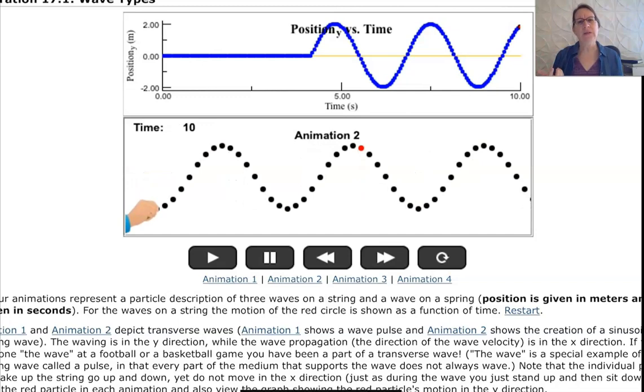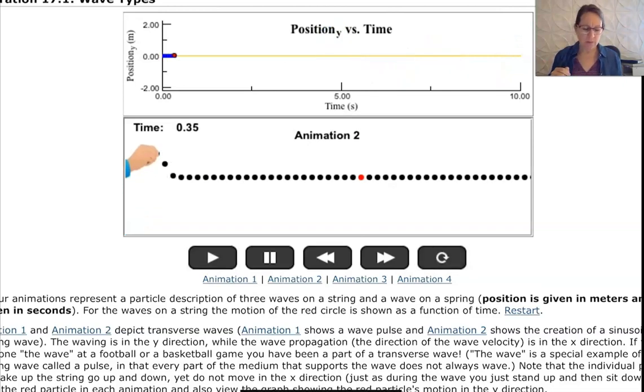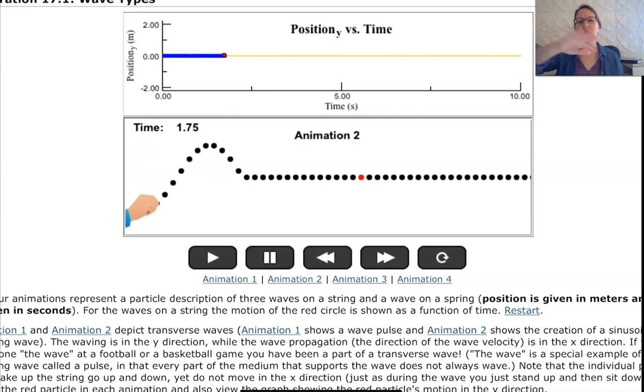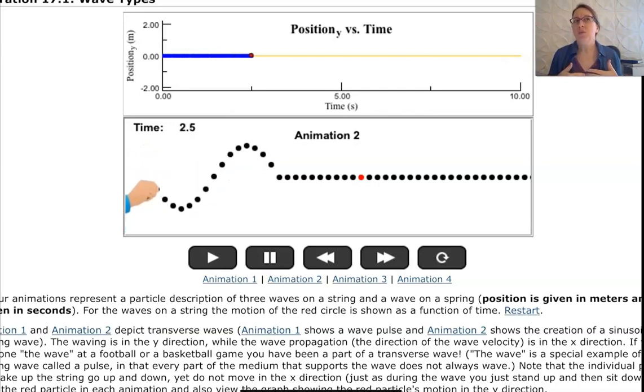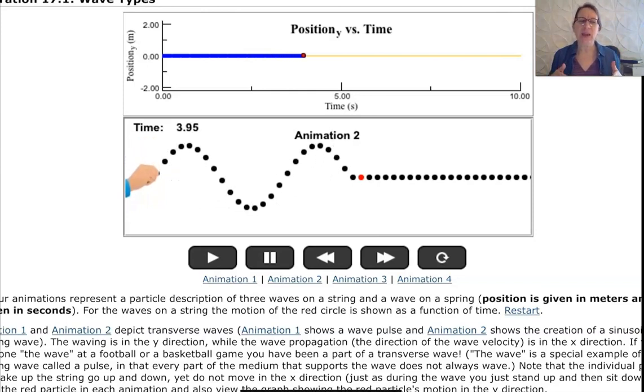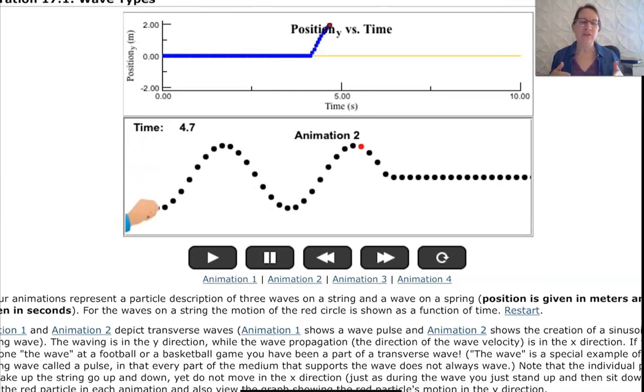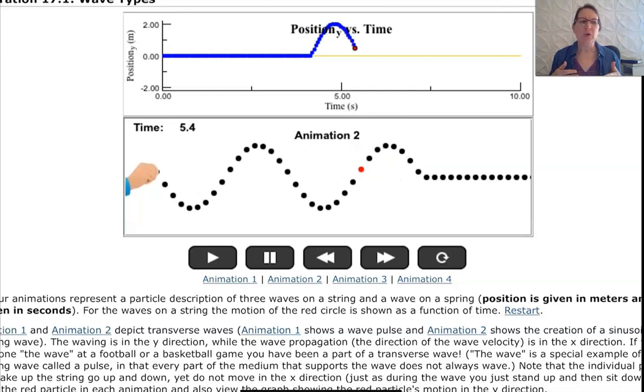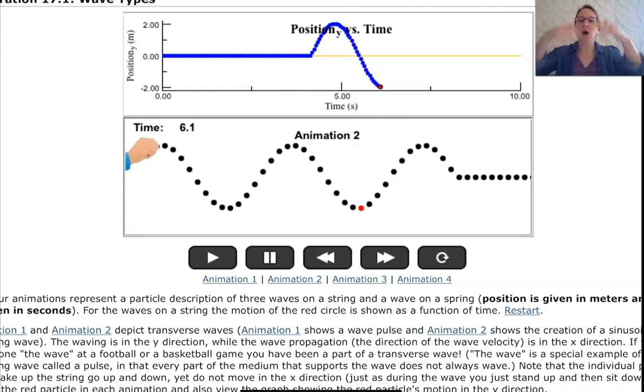You can think of this like a wave in a stadium back when we could all be in big groups and you set up a wave going around the stadium. You don't get a different seat. You stay in the same location relative to the field if you're at a baseball game, for example, or football game, but you go up and down.